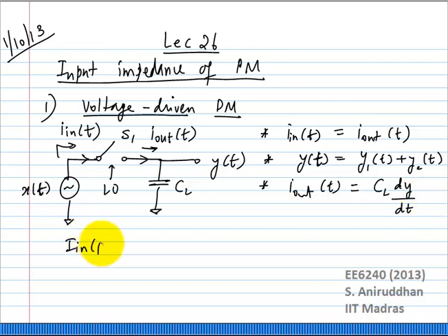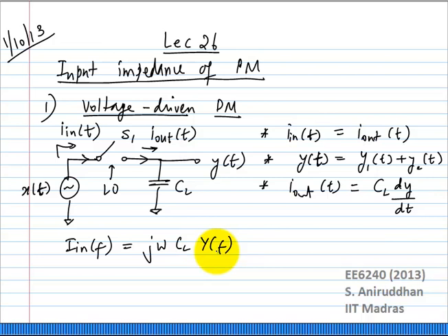So your In of f is j omega CL times y of f. This is your input current. Now we know that y of f has a huge number of frequency components, and therefore In of f will also have a huge number of frequency components. How do we define the input impedance?